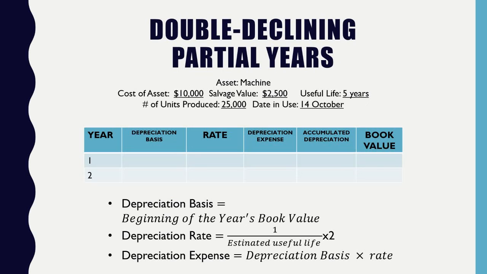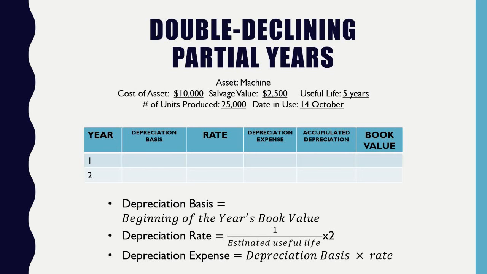Okay? So knowing that very concept right here, let's go ahead and solve for the depreciation basis, the depreciation rate, and the expense for this problem for the first year. So what's the depreciation basis? 10,000. Okay?